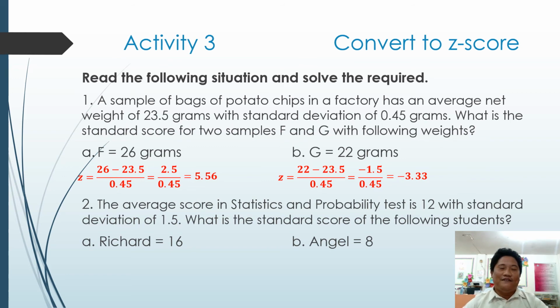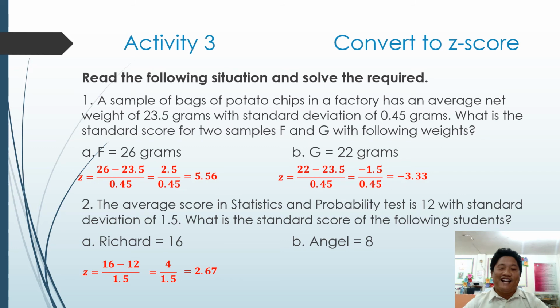Now let's have our second problem. For Richard, with a score of 16, z is equal to 16 minus 12 all over 1.5. 16 minus 12 is 4, then divided by 1.5, and the answer is 2.67.